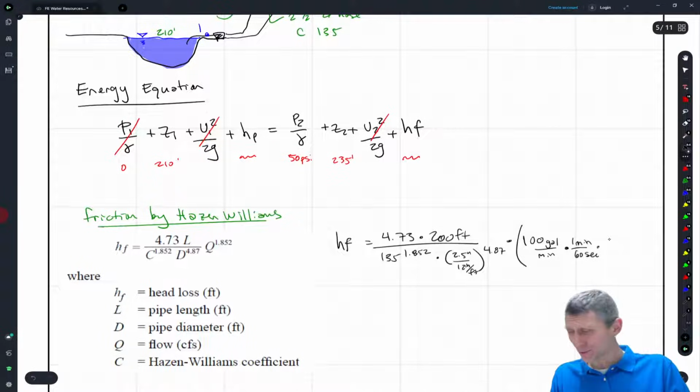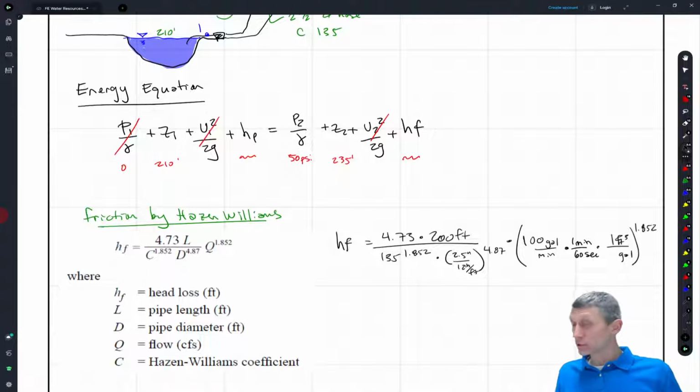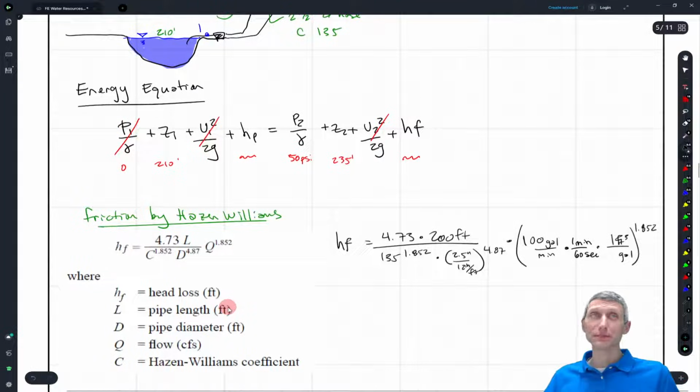And we know we have a certain number of gallons per cubic foot, right? So how many gallons are in a cubic foot? If you don't know this off the top of your head, that's okay. This is where we need to do a unit conversion and then raise all that to the 1.852 power. So back to the reference handbook we go.